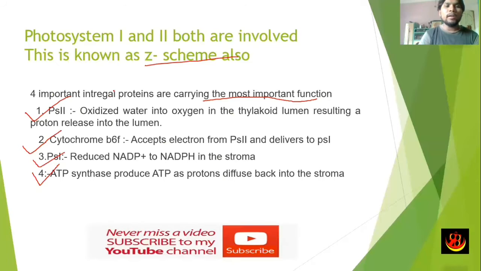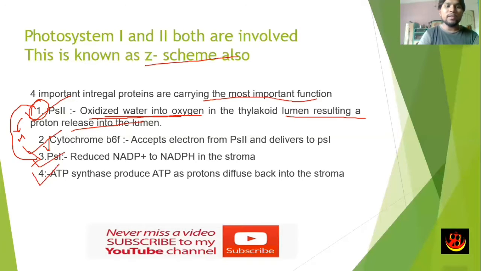First, photosystem 2 is involved in the oxygen evolving complex, where it oxidizes water into oxygen in the thylakoid lumen, resulting in proton release into the lumen, as well as an electron that is passed on to other electron receivers.